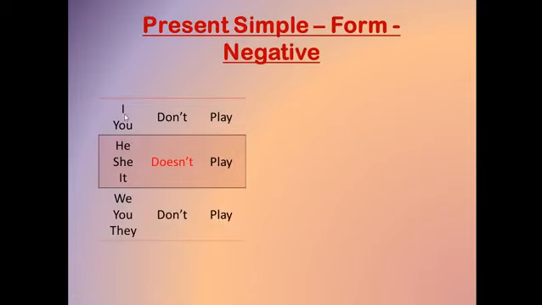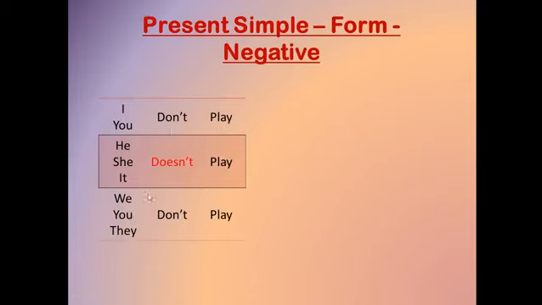Okay, but with he, she, and it, I add doesn't. Okay, and then put my verb. He doesn't play, she doesn't play, it doesn't play. Okay, so again in the negative, with I, you, we, you plural, and they, I add don't first and then I add my verb.